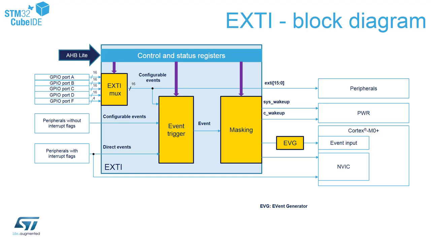We will focus on usage of external lines coming from GPIO port C, because our blue button, which we will use as an external interrupt, is connected to PC13 pin. If you are interested in more details concerning external interrupt module, Cortex-M core details, you can refer to our online training dedicated to STM32G0 family.